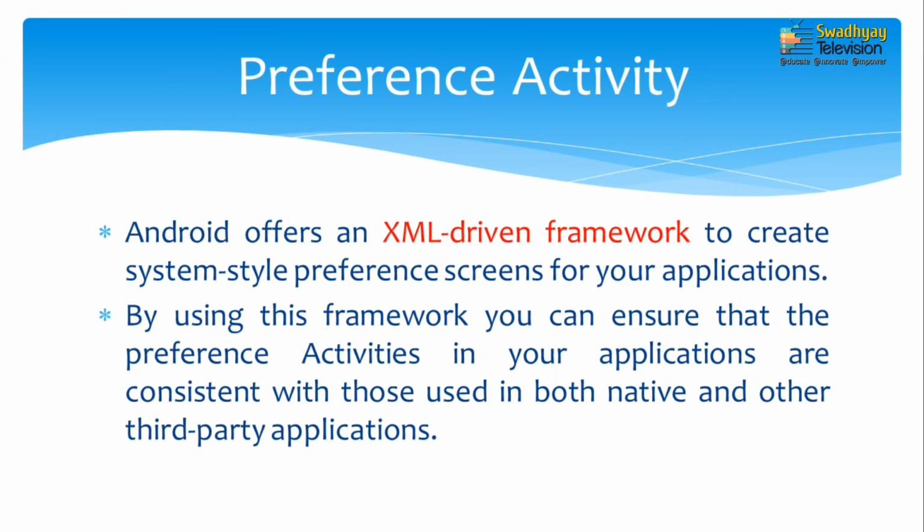You have to get values from the user for preferences using a certain layout file, but Android provides an XML driven framework to create a system style preference screen for your application.